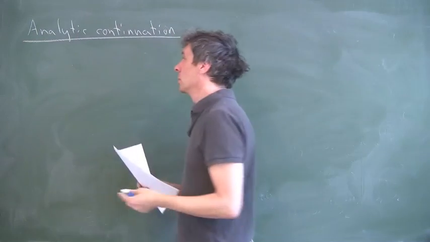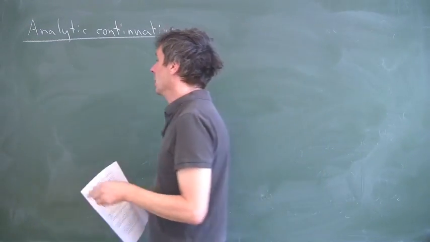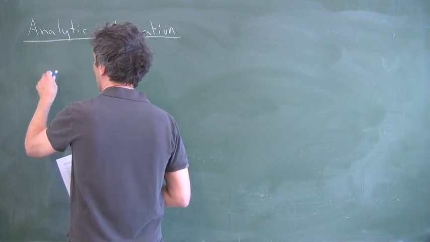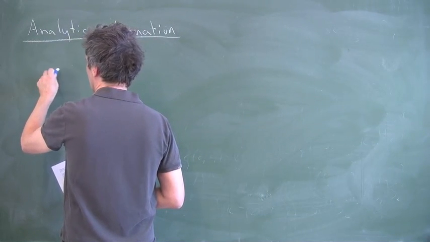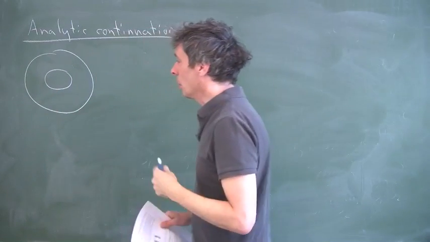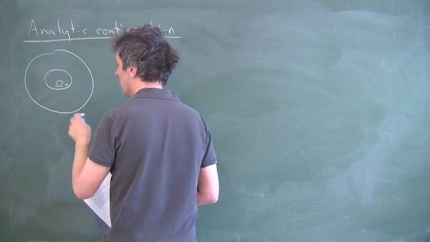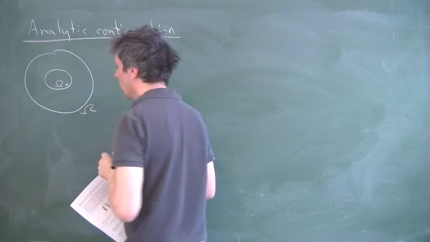This is something that you can talk about both in one variable and in several variables. One very simple way of formulating it is as follows. Suppose we have two open sets, one contained in the other. This small one is omega naught, and the big one is omega.